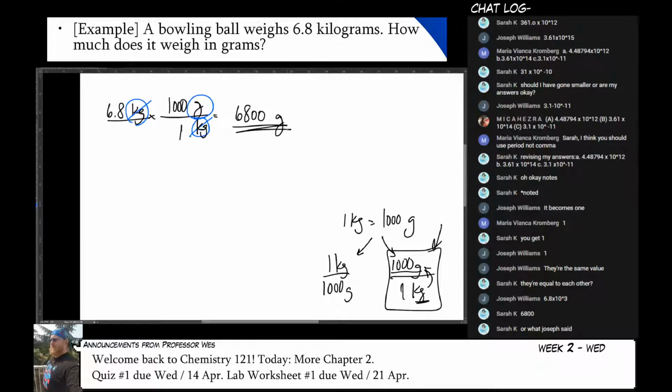Once you've done this conversion, the last step is to consider sig figs. Because remember, if we're doing multiplication, you can only have as many sig figs as the number in your calculation that has the fewest. So this number right here is 2 sig figs. And it turns out that these are exact quantities because they are a definition.